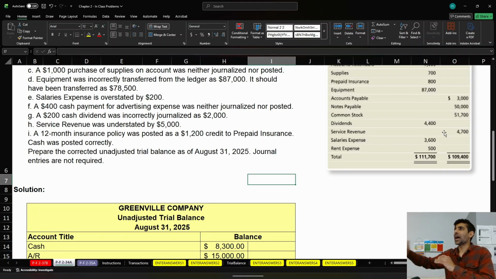How much extra did we put in? 1,800, right? It was 200 actual. We put in 2,000, which means the extra amount was 1,800. 200 plus 1,800 is 2,000. So dividends is overstated by $1,800.